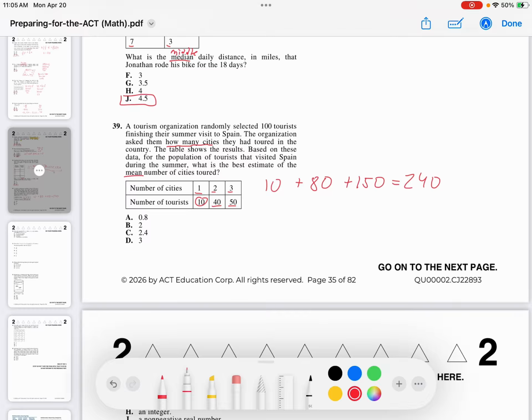Okay. So then we need to divide that by the number of tourists. So divided by 10 plus 40 plus 50 would be divided by 100. So then divide those, gives me 2.4. Should be the right answer.